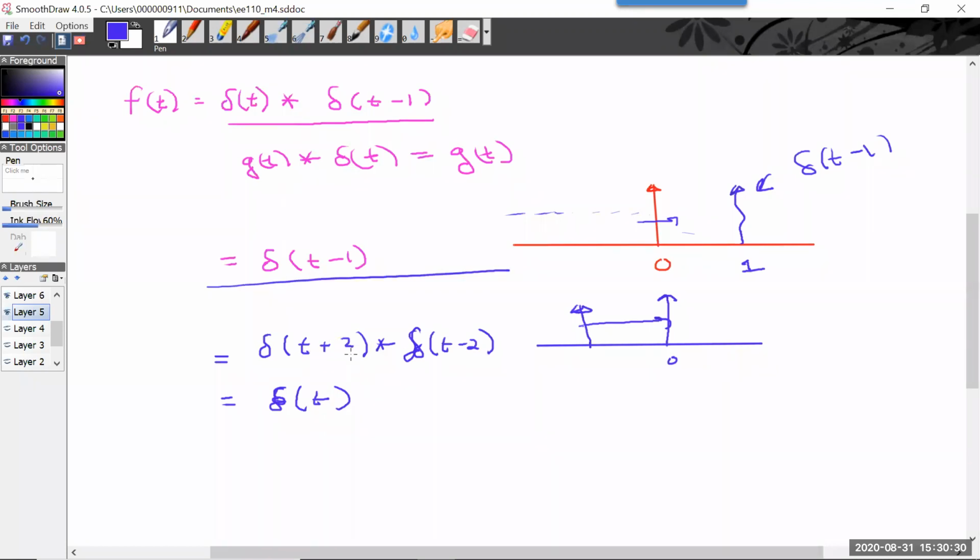Now I'm doing delta t plus 2 and delta t minus 2. And you just sum these delays. You know that delta convolved with delta is delta, and then you sum these delays, and I have 2 and minus 2. And that sums out to 0.